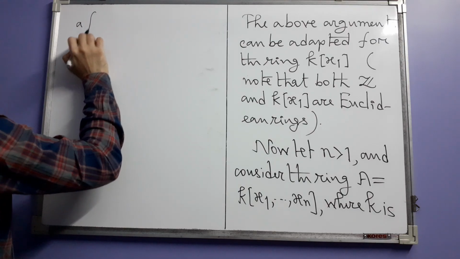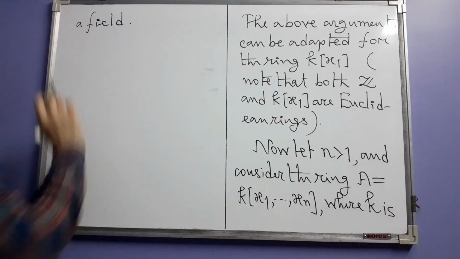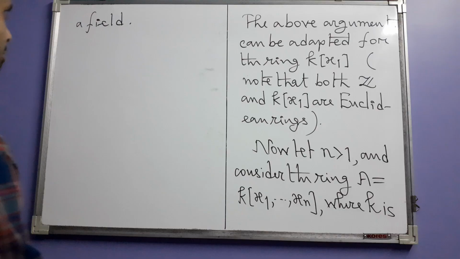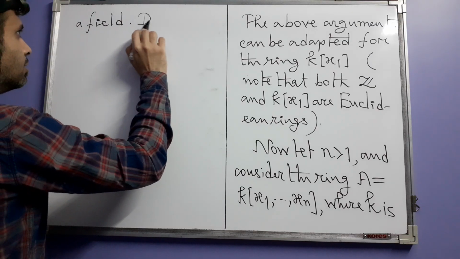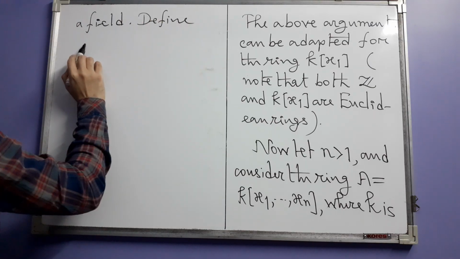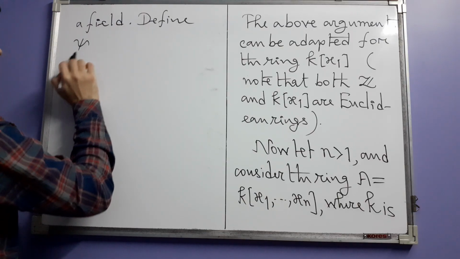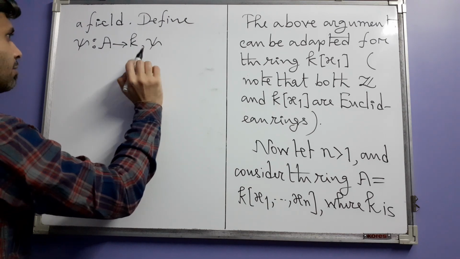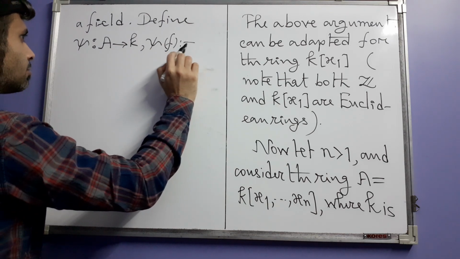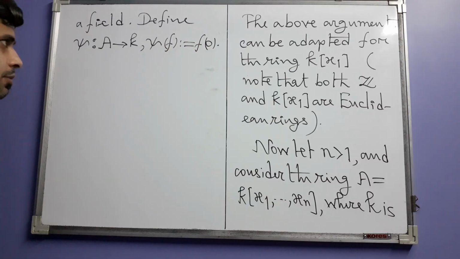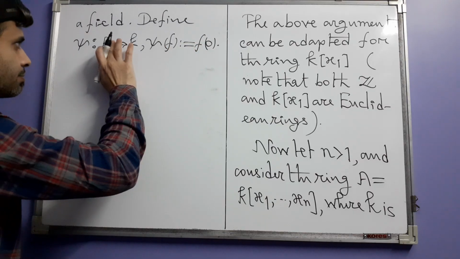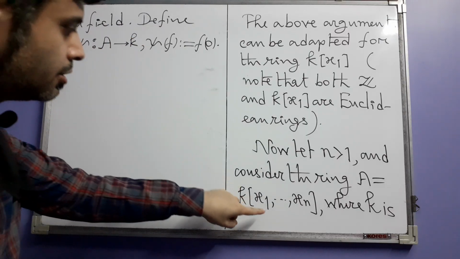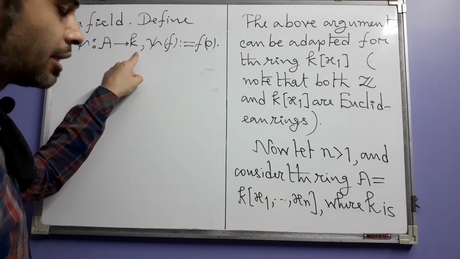Where K is a field. Alright. Let us now consider a ring homomorphism. Define the map psi from A into K, and the definition of psi is this. So what psi does is that psi maps this ring A into the underlying field K. What is the rule?